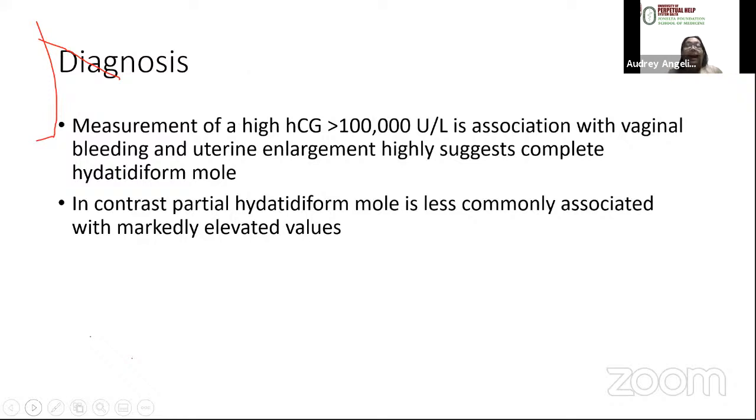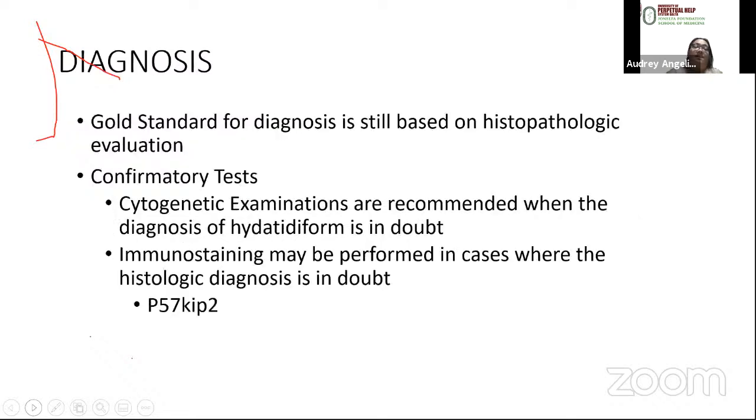It has to be more than 100,000 units per liter, associated with vaginal bleeding and uterine enlargement. This is highly suggestive of a complete hydatidiform mole. In contrast, a partial mole would have less markedly elevated values. But still, the gold standard is histopathologic evaluation.